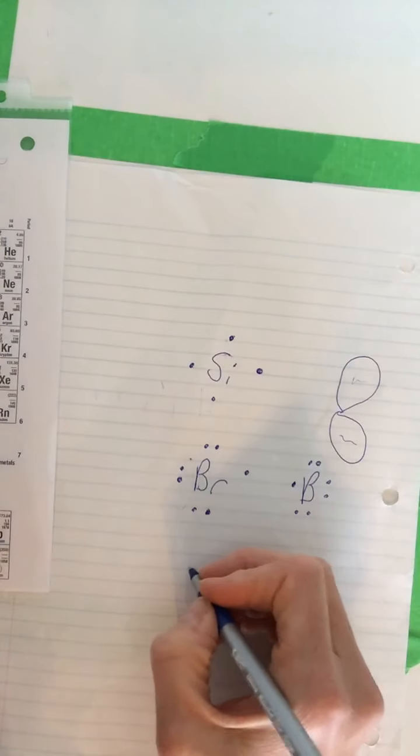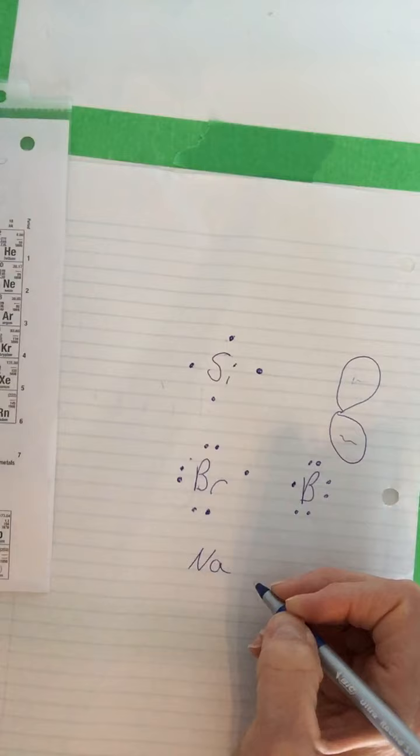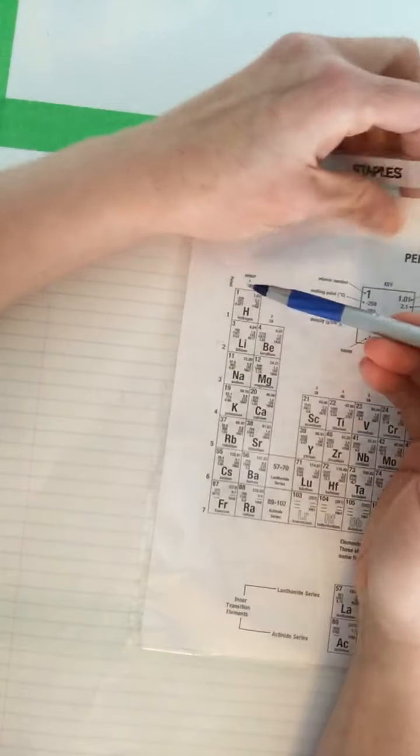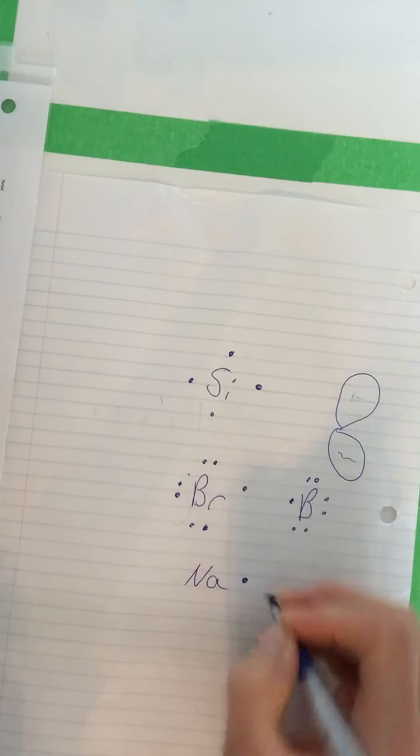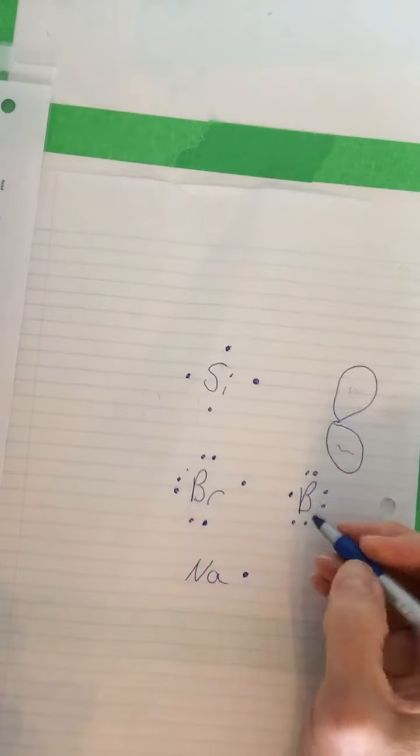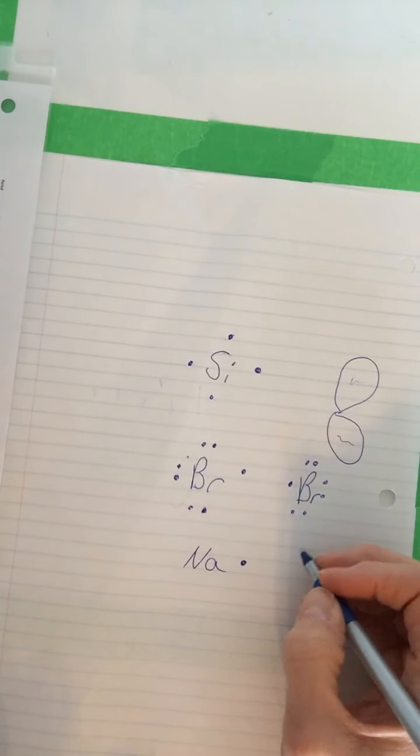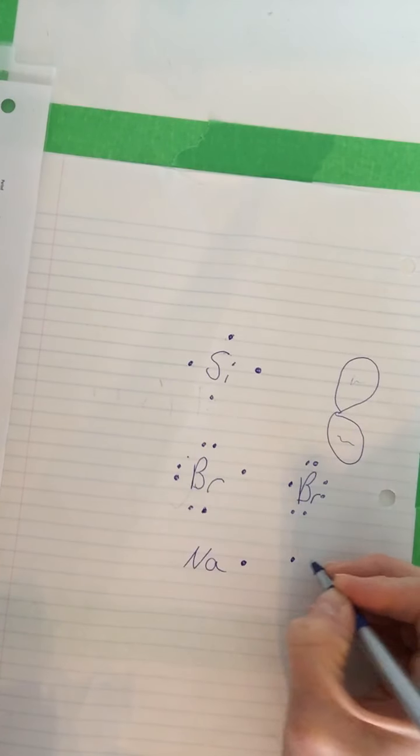What if I had a sodium that was nearby? When we look at sodium, we know they're in the first family. So we know they have 1 valence electron. So if it was near this bromine, it would look like this.